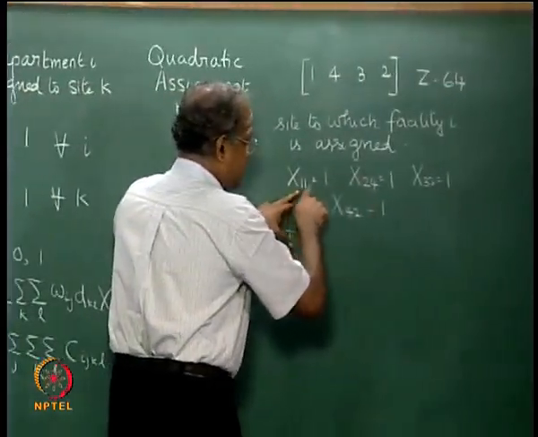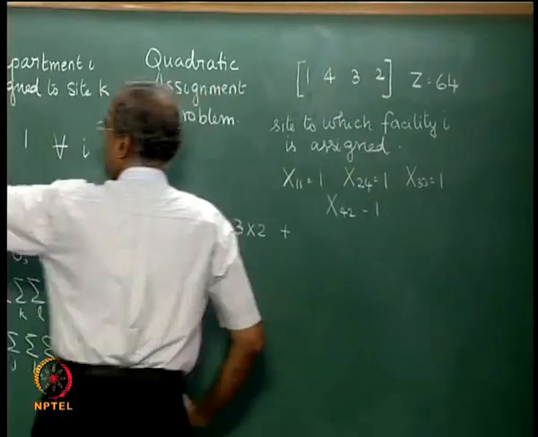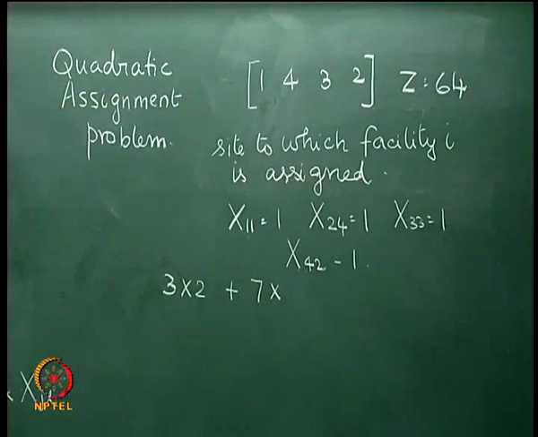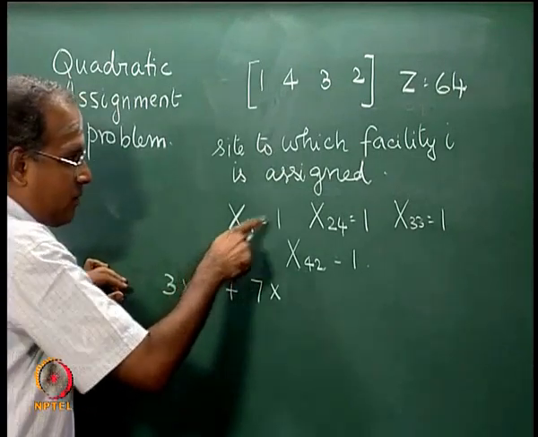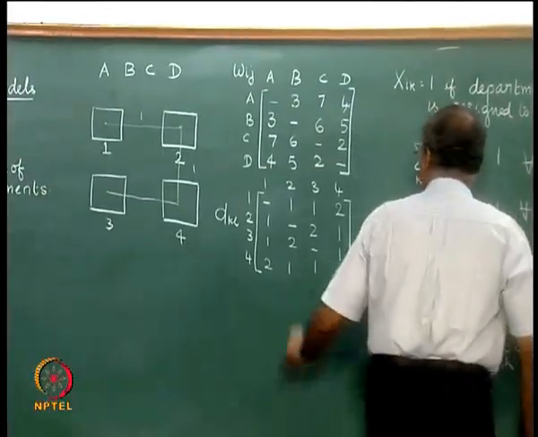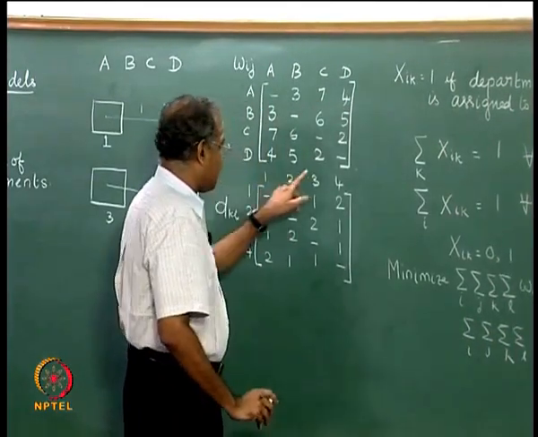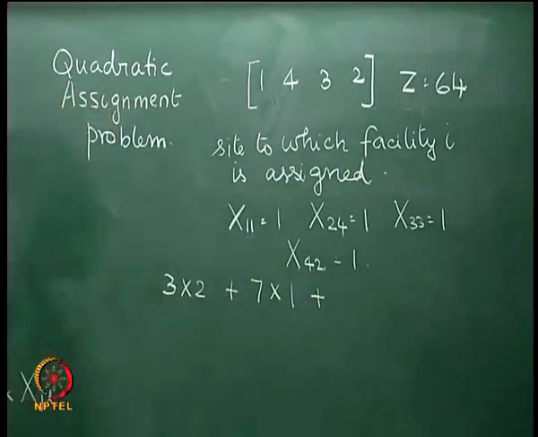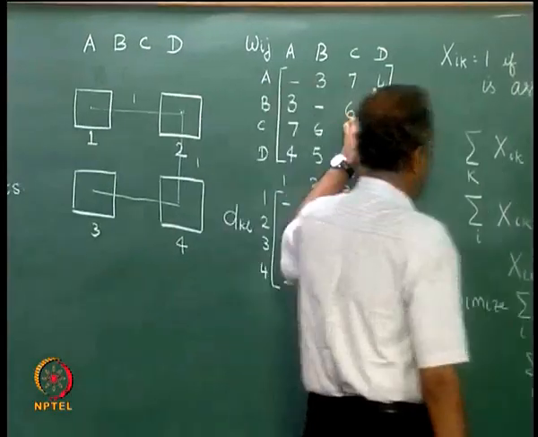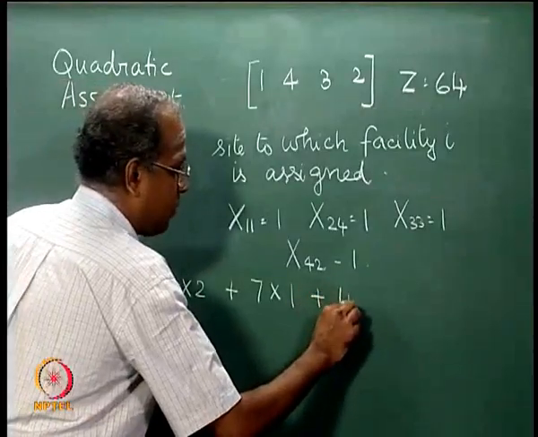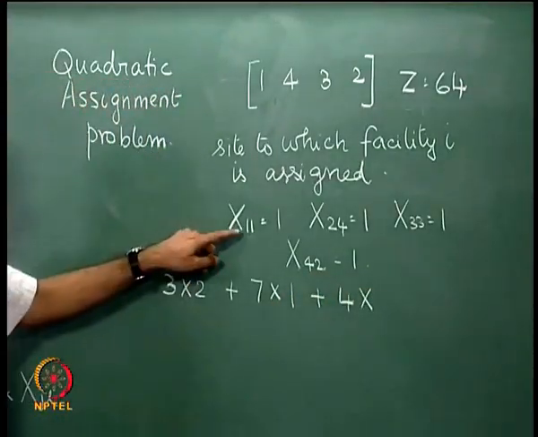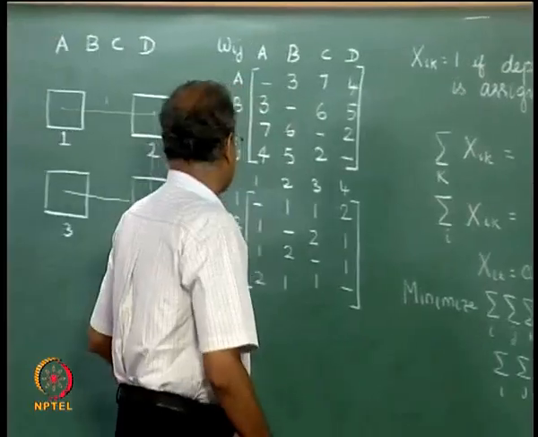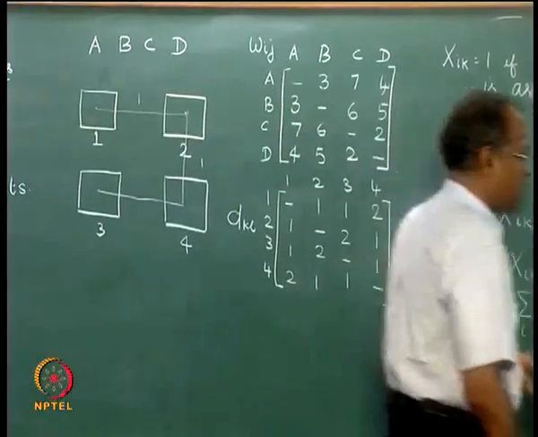The weight is 7, 1 is allocated to site 1, 3 is allocated to site 3, and distance between sites 1 and 3 is 1. So, 7 into 1, plus facilities 1 and 4 have weight equal to 4. Facility 1 is allocated to site 1, facility 4 is allocated to site 2, so distance between 1 and 2 is 1.